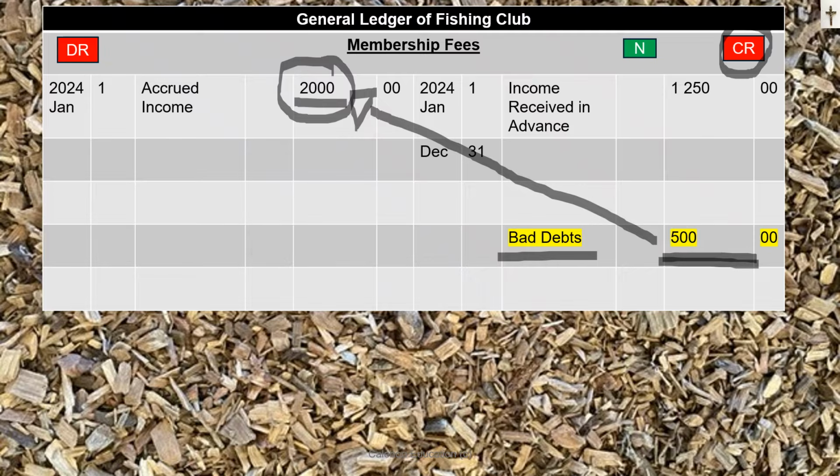Your debits must equal your credits. We're going to sort out that 2,000. 500 of the 2,000 was bad debts. So this isn't an increase in income. It's actually cancelling out outstanding or behind members. So 2 of them are not actually going to ever pay us.